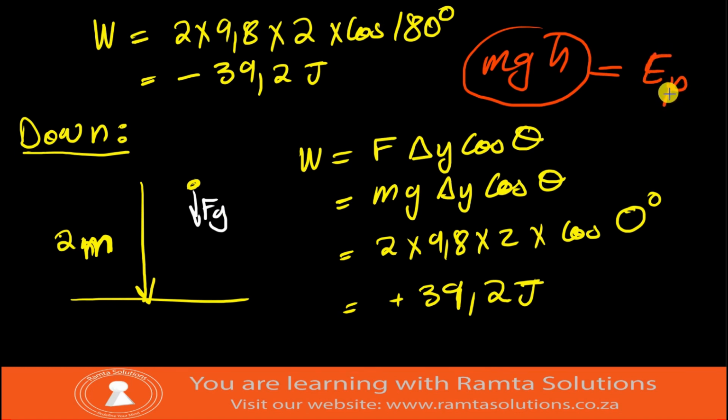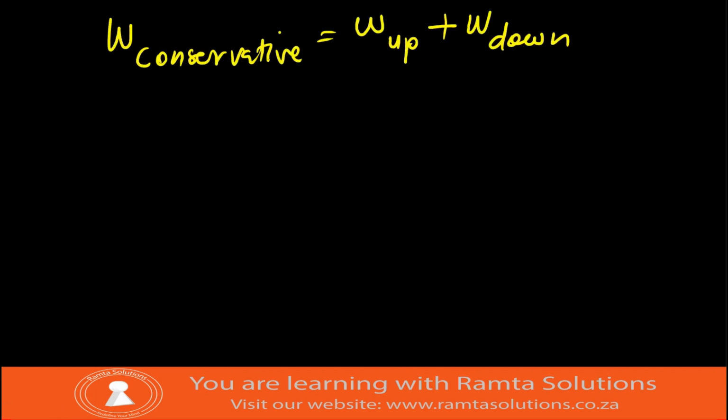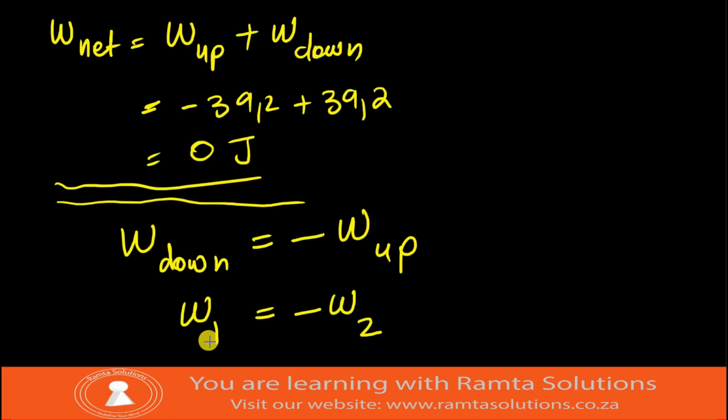Perfect. So now this means potential energy up is equal to negative potential energy down, right?